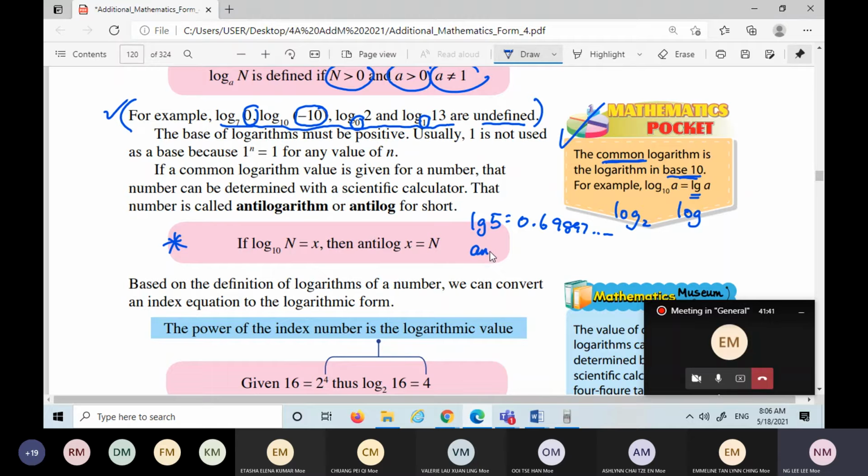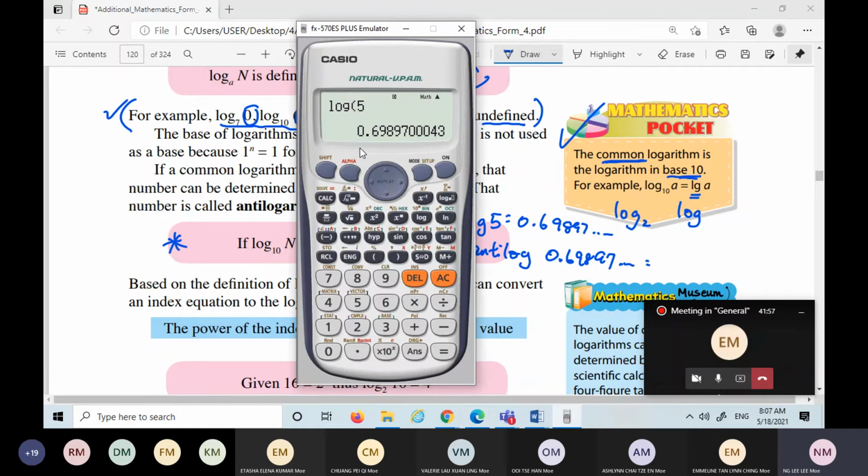Let's say from the 0.69897, I want to find back the 5. So you antilog the 0.69897 and see whether you can get back the 5 or not. You see this is my answer, so I'm going to antilog my answer. Antilog is pressing shift and then log.